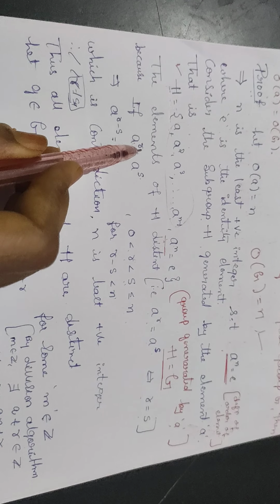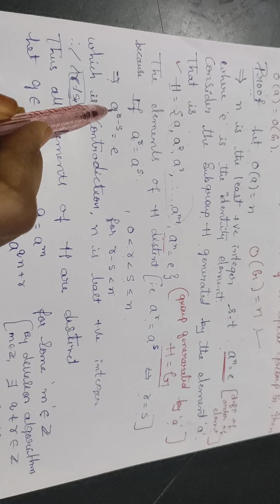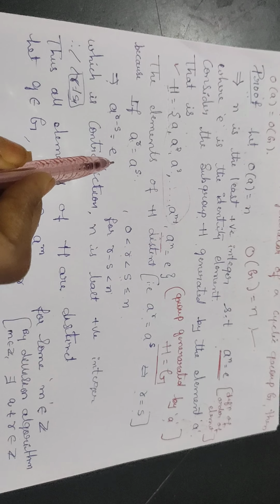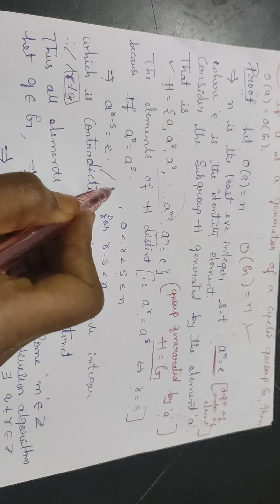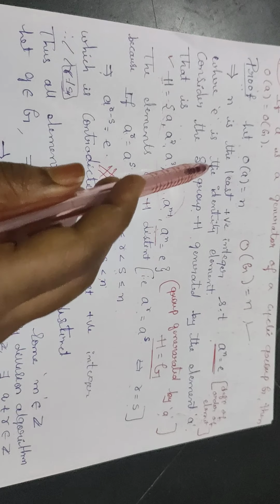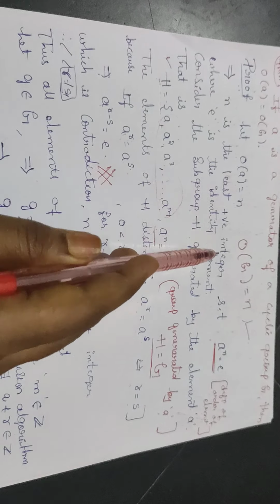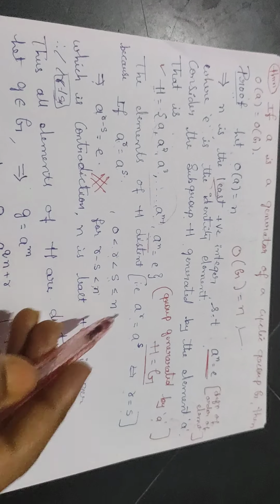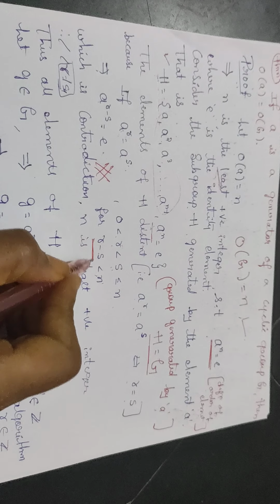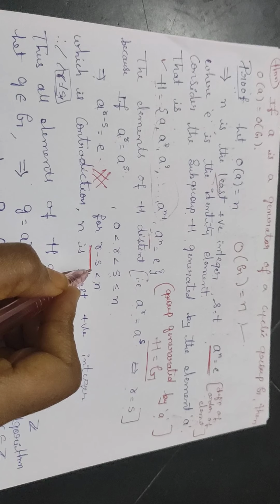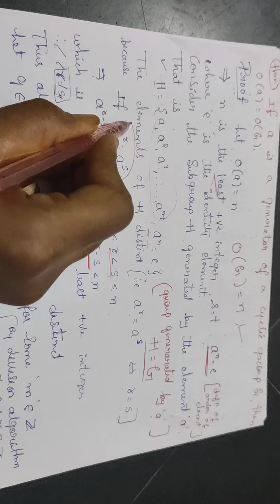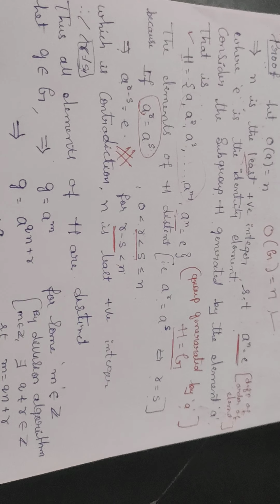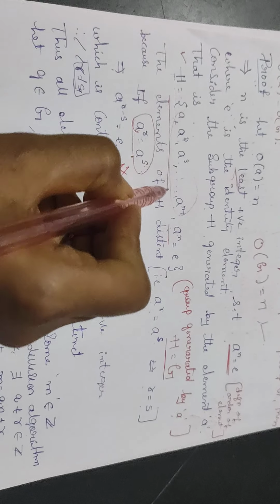So a power r equal to a power s implies a to the power r minus s is equal to e, for r minus s less than n, which is a contradiction, because n is the least positive integer such that a power n is equal to e. But here we are getting r minus s as a least positive integer. So whenever r is less than s, this doesn't happen. Therefore, every element is distinct.